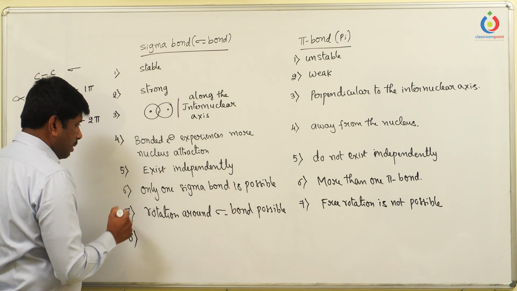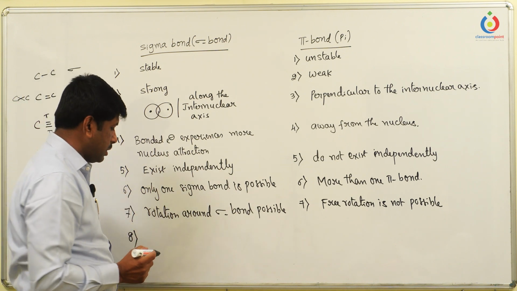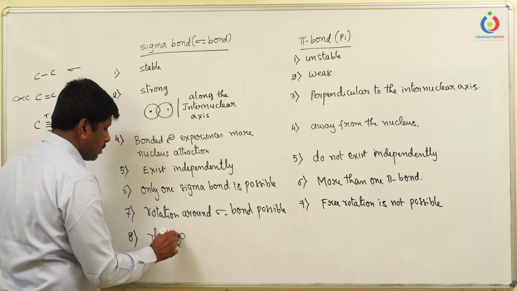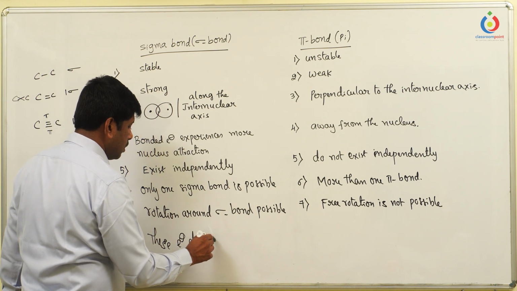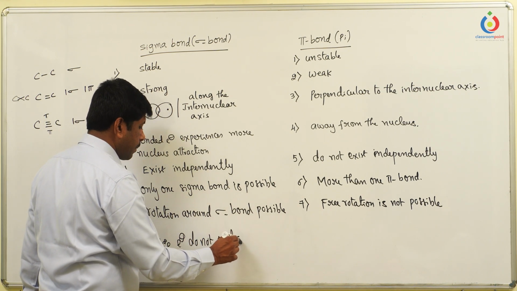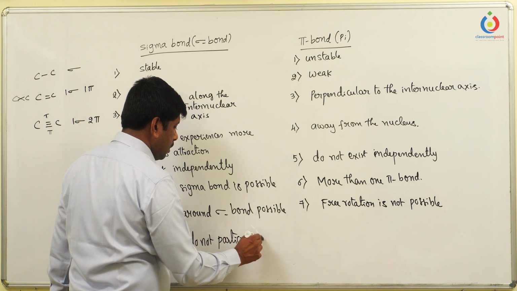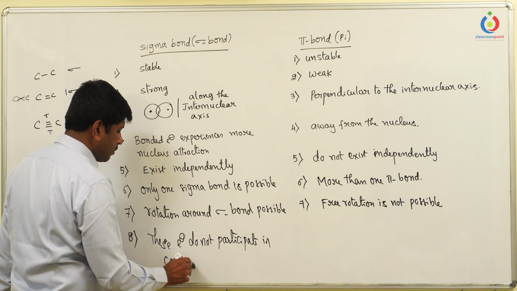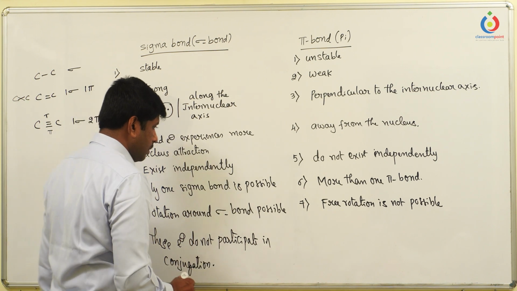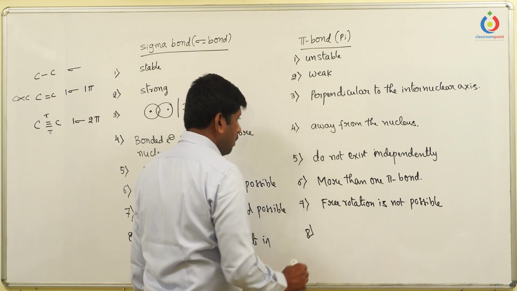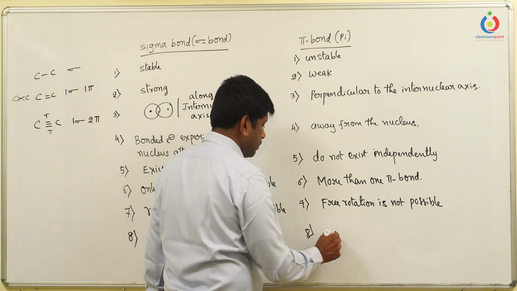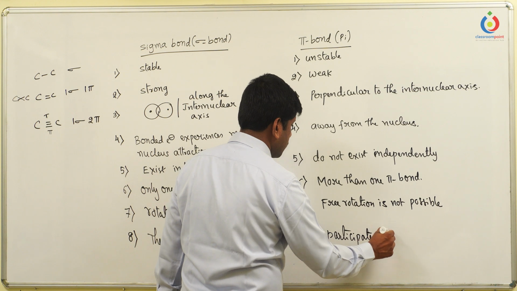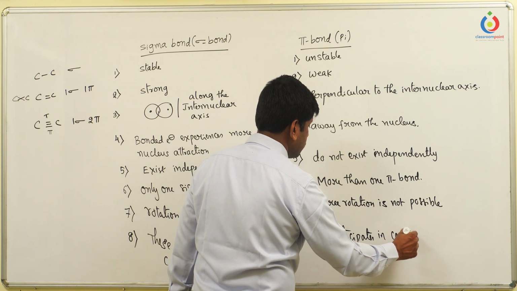Sigma electrons do not participate in conjugation. But pi electrons participate in conjugation.